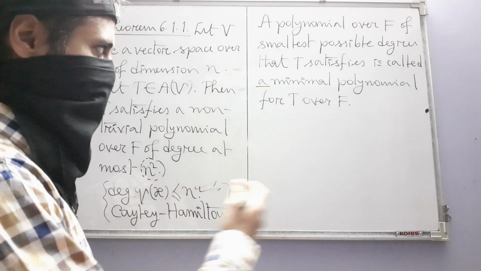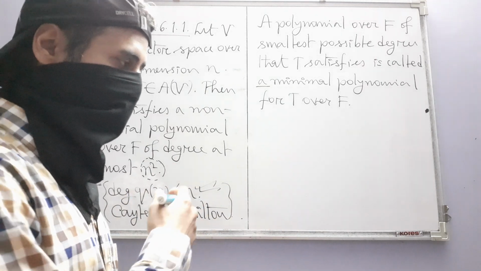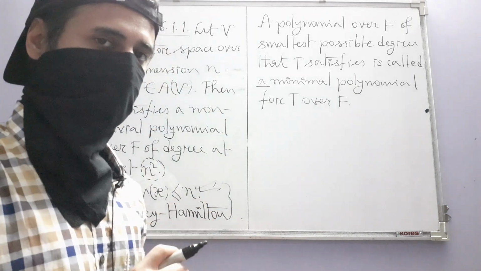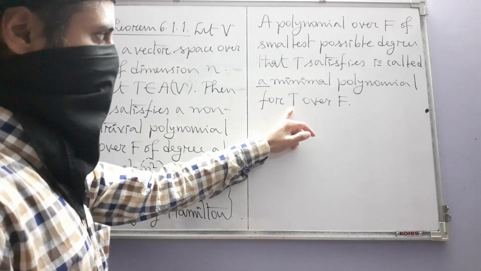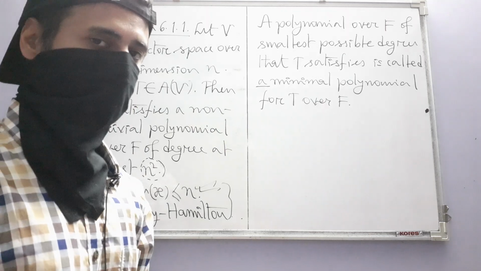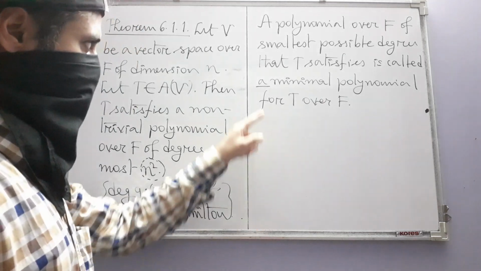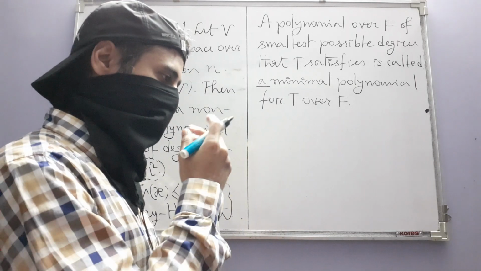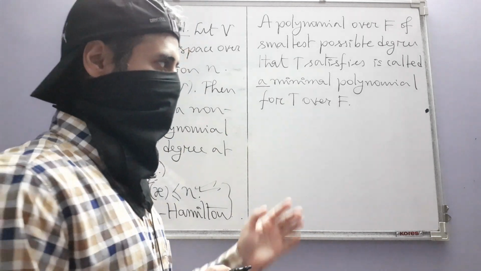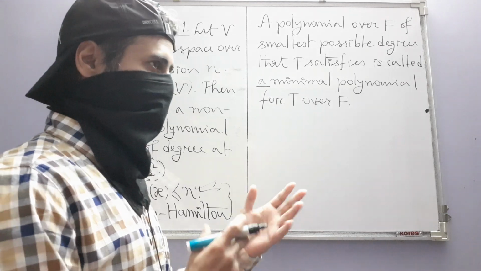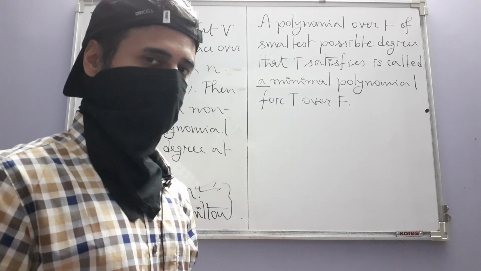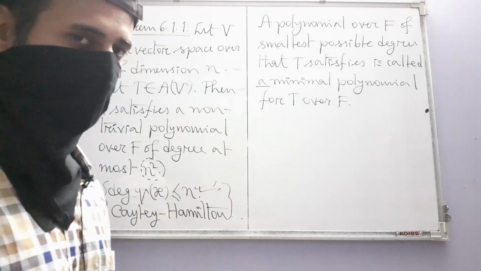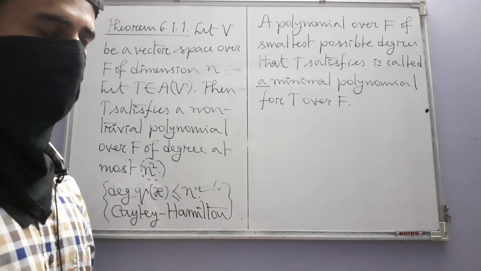Maybe there are multiple distinct polynomials of the same smallest possible degree that T satisfies. All of them will be minimal polynomials for T. This "a" can be made "the" provided we impose another condition. If you require that the polynomial is also monic, then this will actually become a unique polynomial. We will come to those things later, okay.